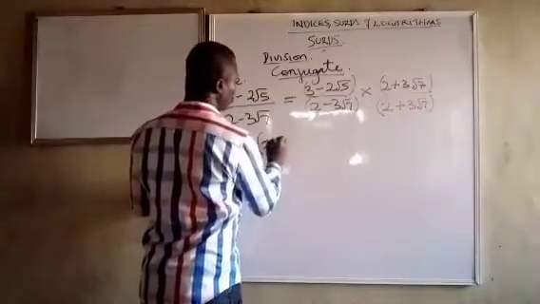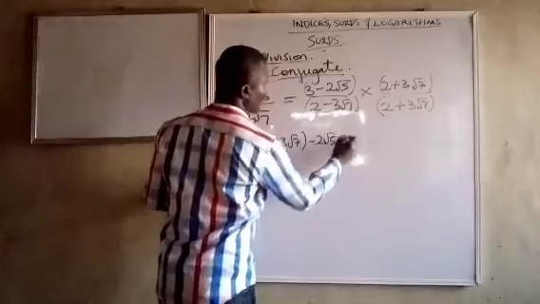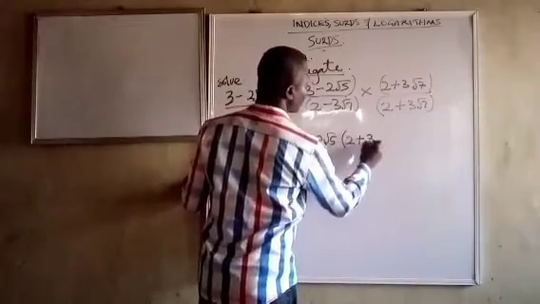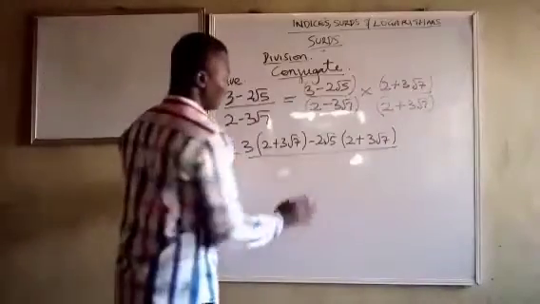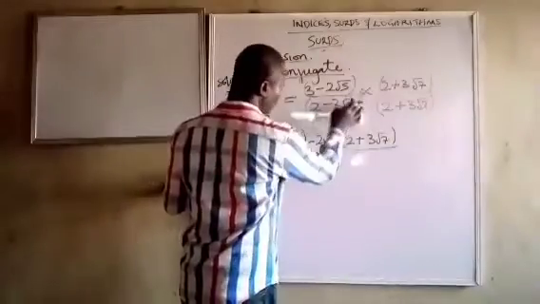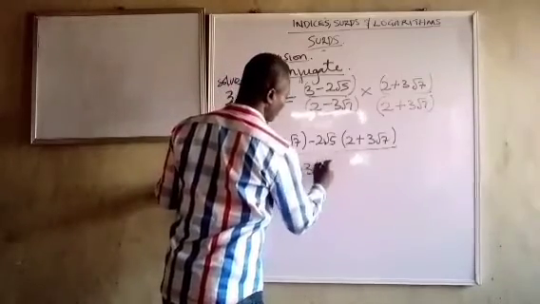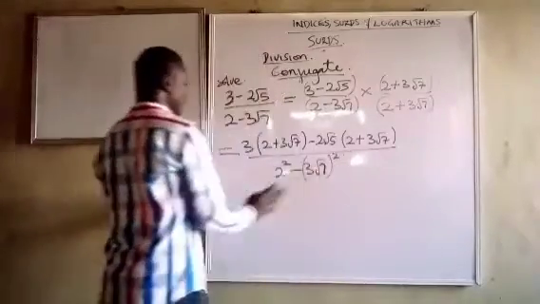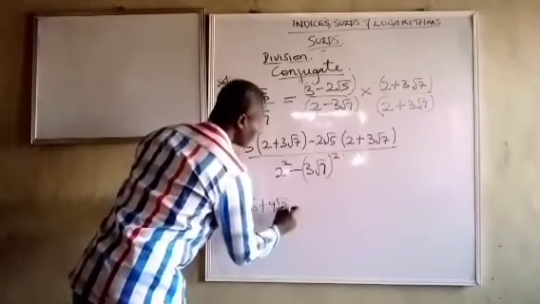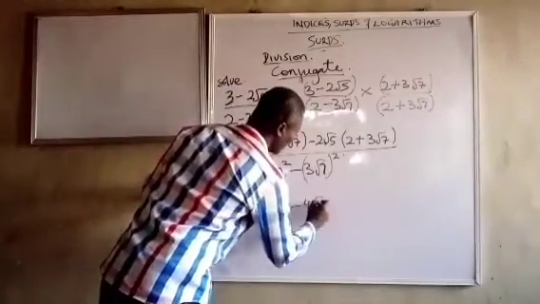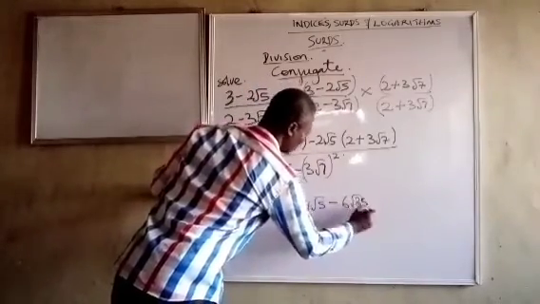Three into 2 plus 3 root 7, minus 2 root 5 into 2 plus 3 root 7. Please, for the denominator, whenever you have it, you don't need to crack your brain again. Don't bother. This one is going to be 2 squared minus 3 root 7 all squared, straight away. And then the numerator is going to give us 6 plus 9 root 7 minus 4 root 5 minus 6 root 35.